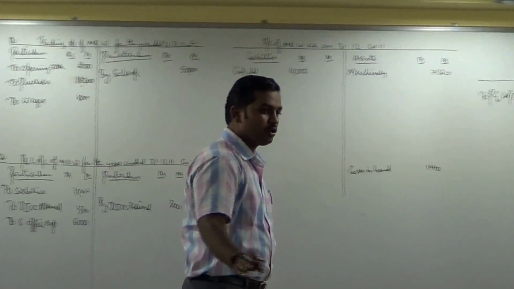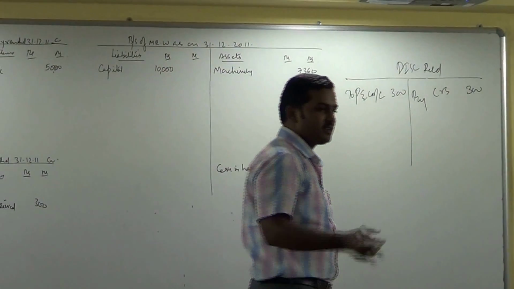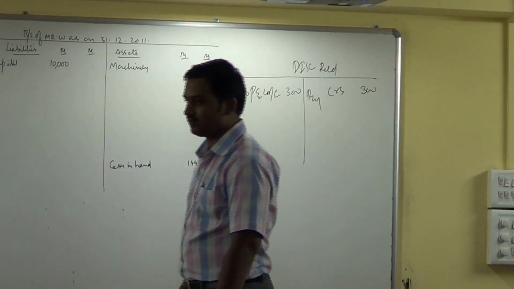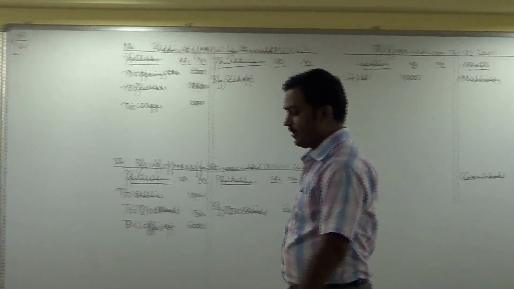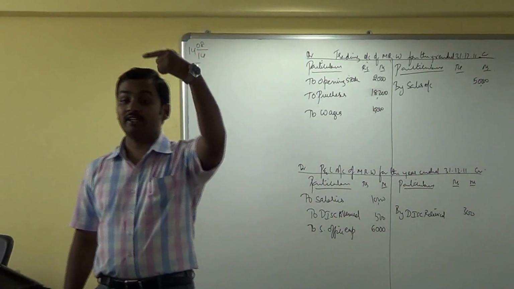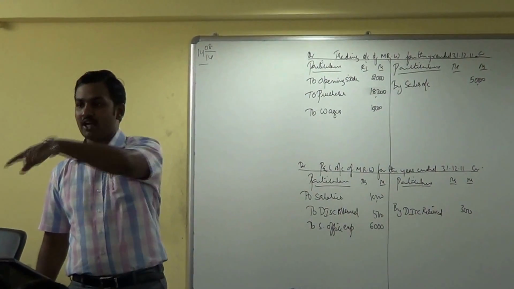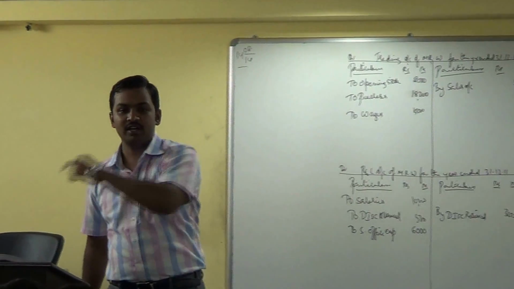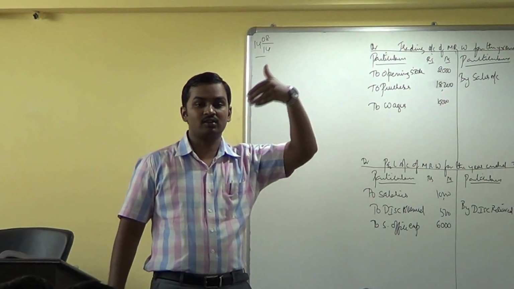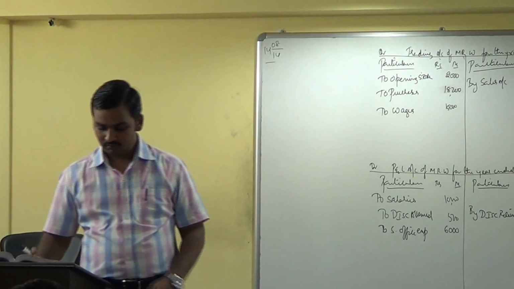Sales account is also closed at the end of the year by transferring it, not to the profit and loss account, but to the trading account. What is the entry passed to close sales account? Trading account has to be credited, so trading account credit. Debit to which account? Sales account. So the entry passed is: sales account debit to trading account.